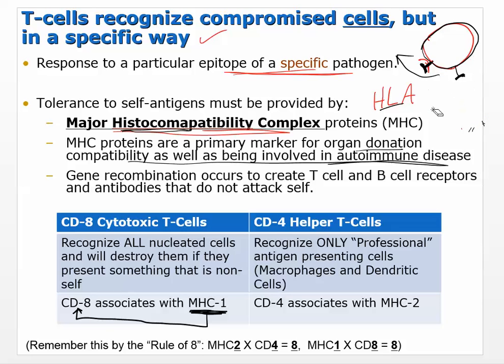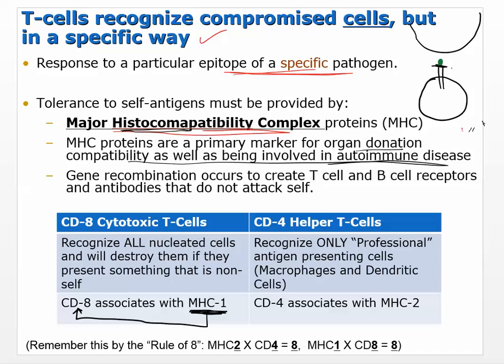So if we go over this little exercise again, here's a cell, any nucleated cell, and it expresses on its MHC1 a pathogen, whatever that pathogen may be. A cytotoxic T cell will recognize that that's MHC1. Cytotoxic T cells are CD8.